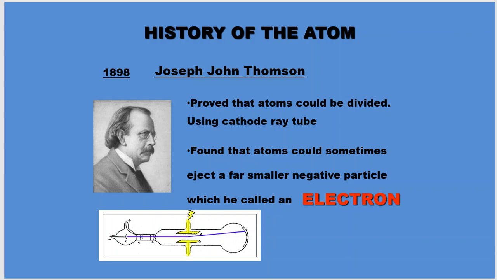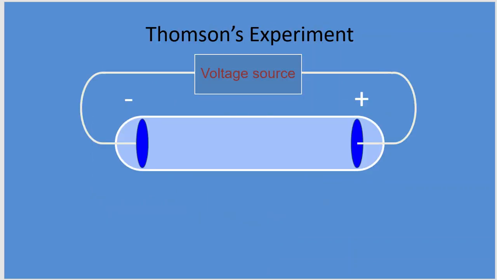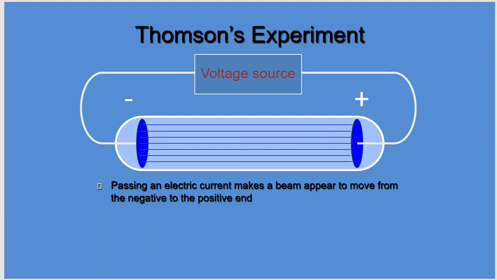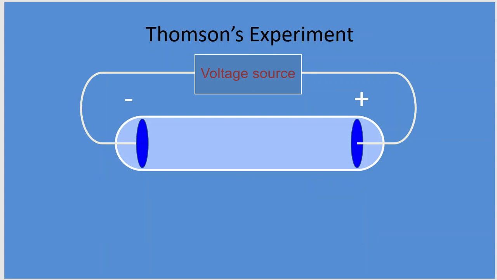And so he discovered these negatively charged particles that are in matter, okay, the electron, and he did it through what we call the cathode ray tube experiment. So we're going to kind of talk about what that means. But essentially he had a beam go from positive to negative, and he wanted to know, what is that beam made up of, okay? What kind of particles is making up that beam?